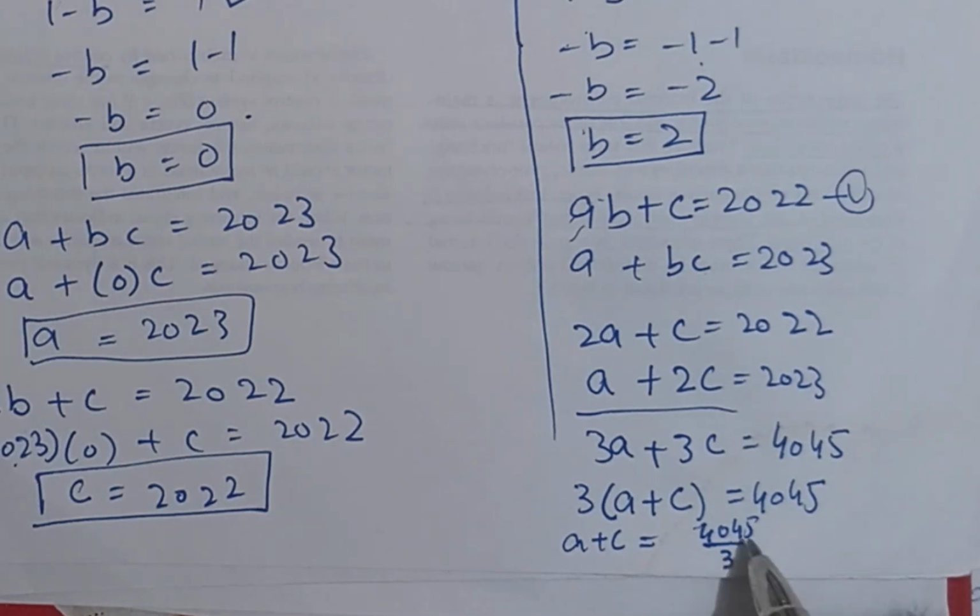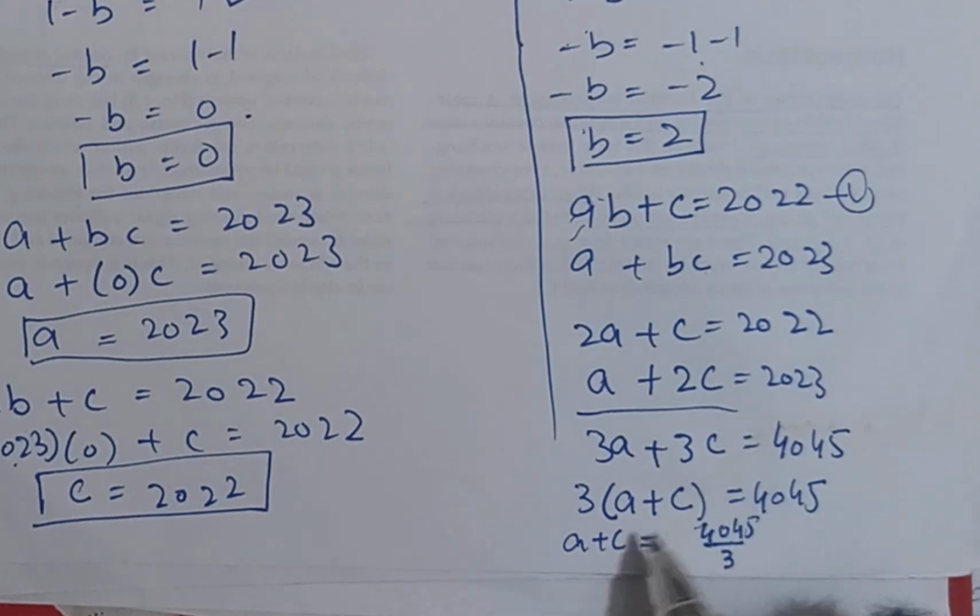And notice that 4045 is not divisible by 3. So the sum A plus C is not an integer. So using the second case, we cannot find the value of A, B, C in integer form.